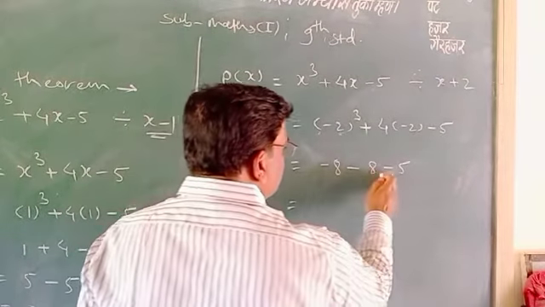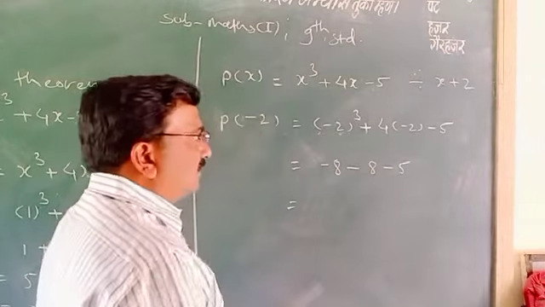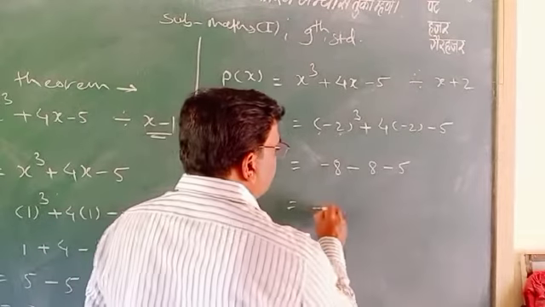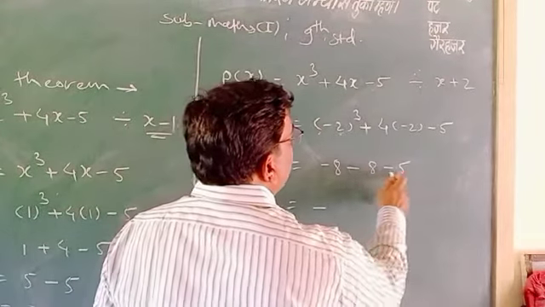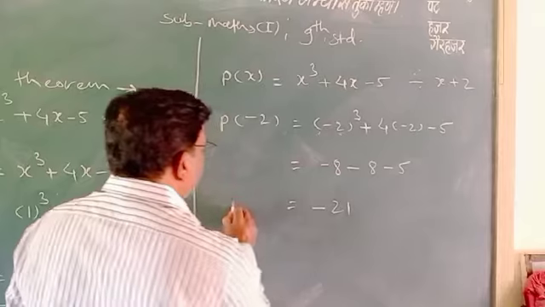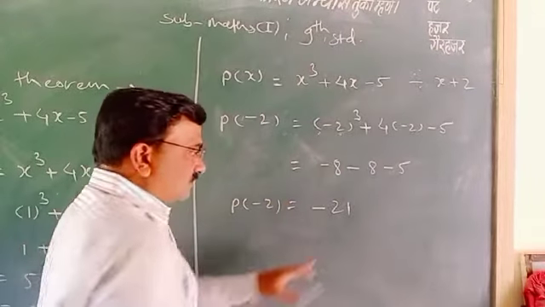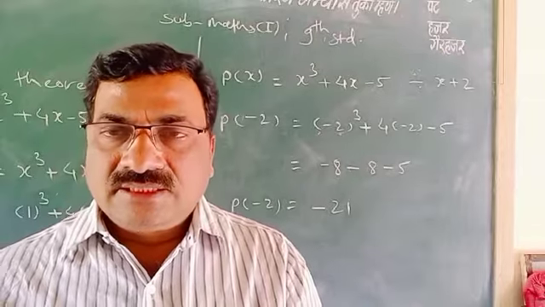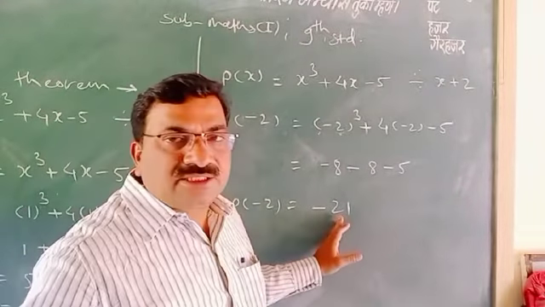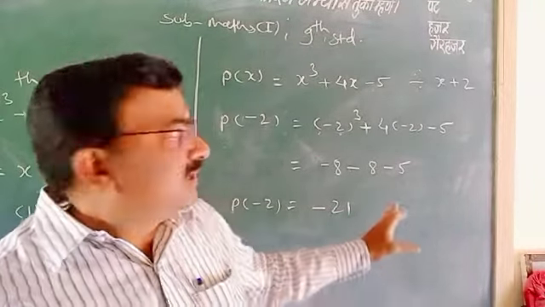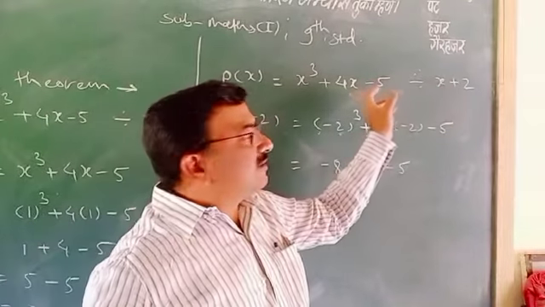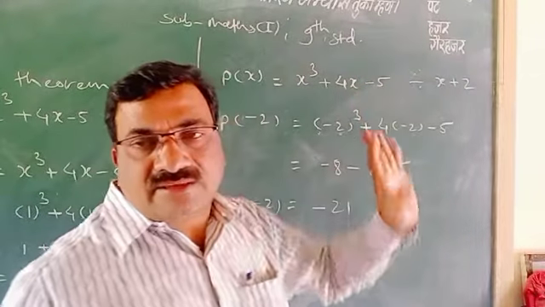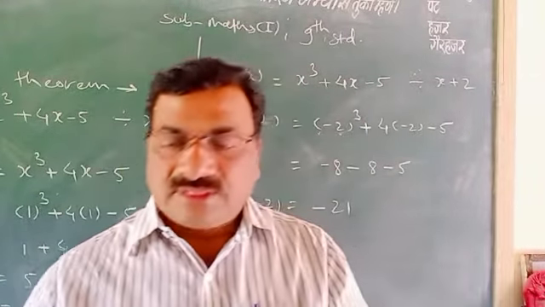Minus 8 minus 8 minus 5 is equal to minus 21. So p of minus 2 is equal to minus 21, and as the remainder is minus 21, the divisor is not a factor of the dividend.